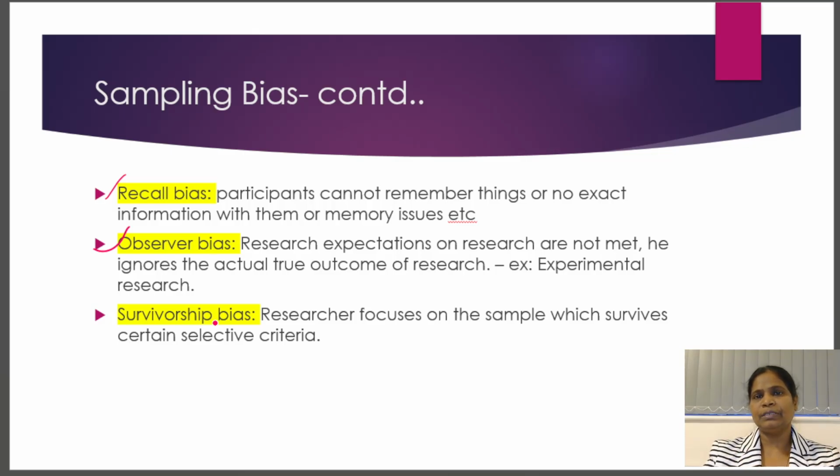For that sample to participate in the survey, we give a pre-questionnaire which has certain criteria, whether they can fulfill that criteria or not, and if they fulfill that criteria, then the participant is selected. Like for example, if you want to get admission for BSc nursing, you have certain criteria: you have to clear your intermediate, then you have to clear your NEET exam, whether you're getting the required marks or not. Then only you are given admission.